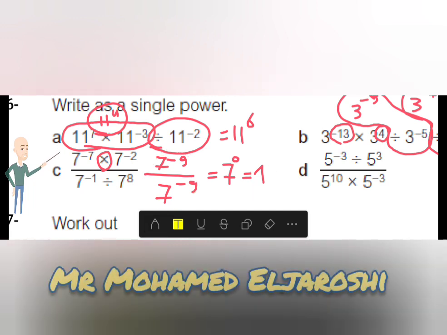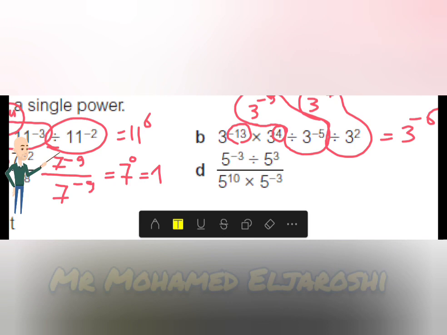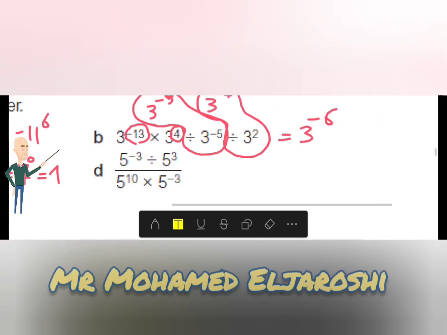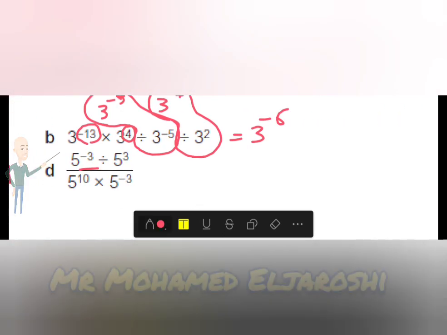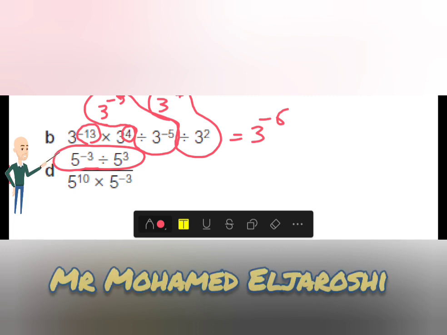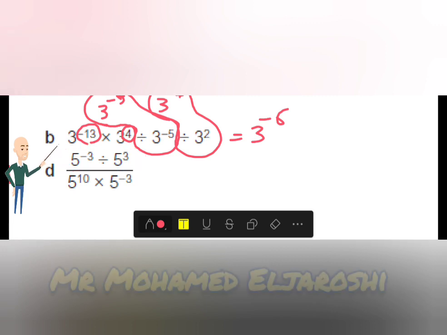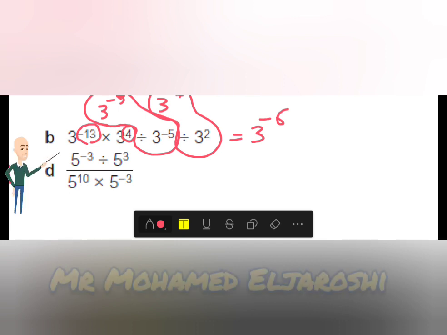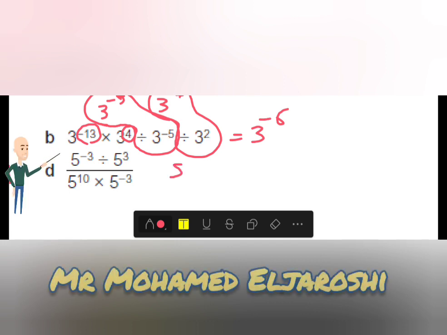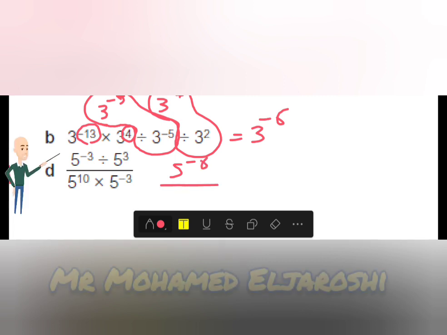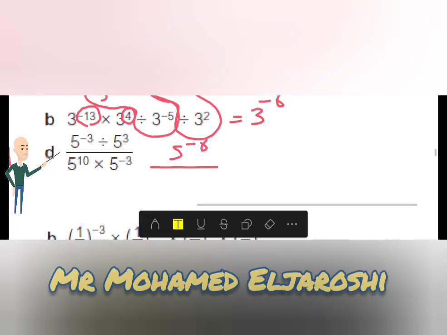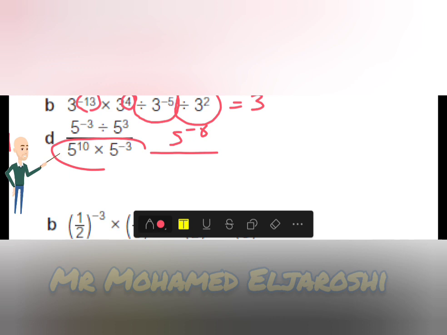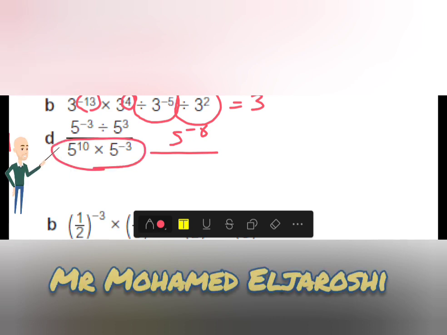Now, let's check question D. In question D, same idea. We do the ones on top here. Because it's division, we subtract the powers. So we say negative 3 minus 3 equals negative 6. So 5 power of negative 6. Divide. We have 5 power of 10 multiplied by 5 power of negative 3.